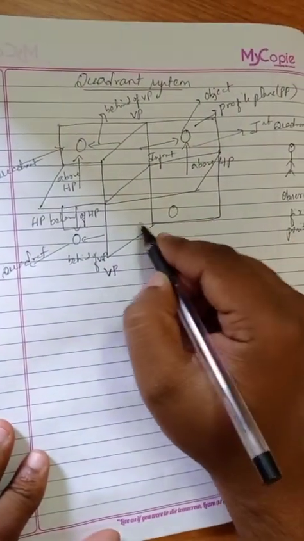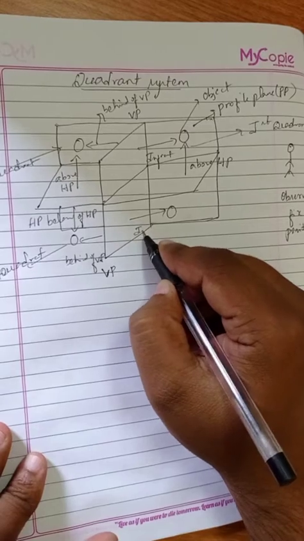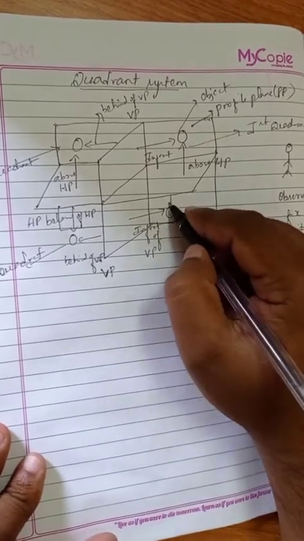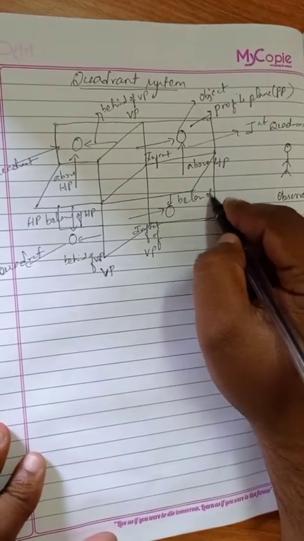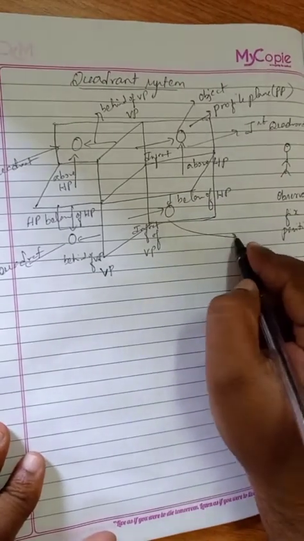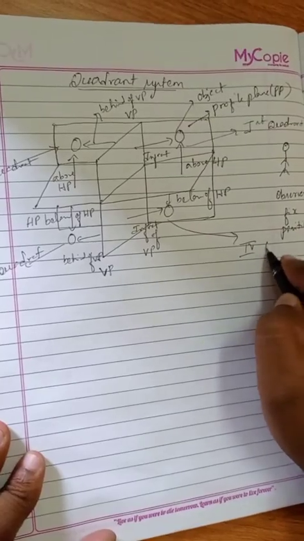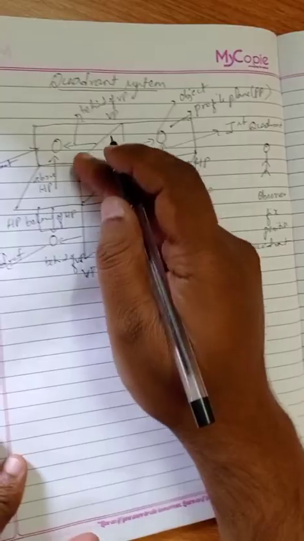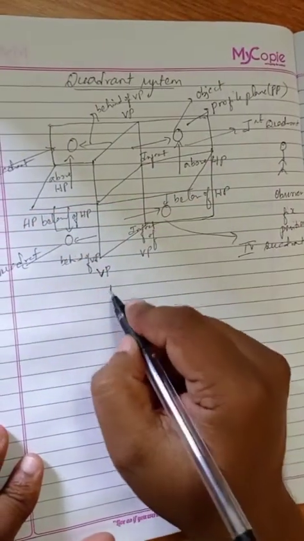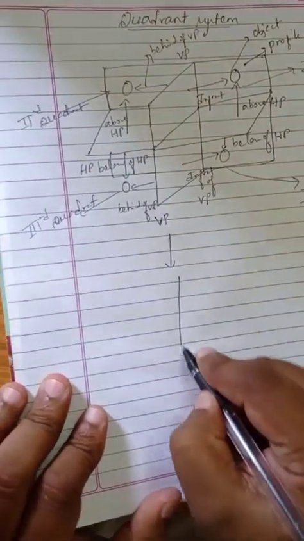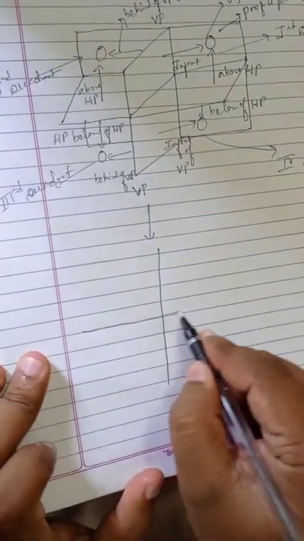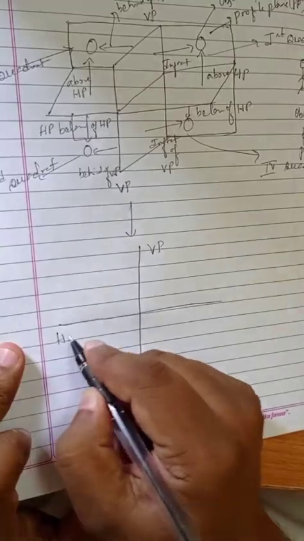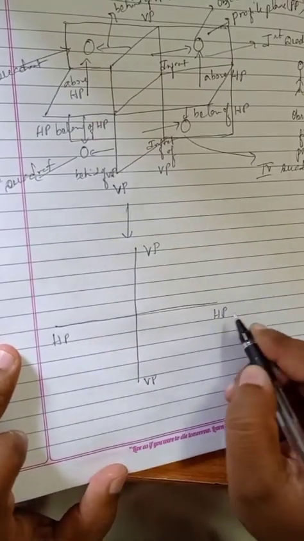Now similarly the VP is placed here. Now the observer is looking at the object here in front of the VP and below the HP. This is our fourth quadrant. Now you can see that if it is looked at in a front view, it will look like a plus mark, which consists of the vertical plane and the horizontal plane.